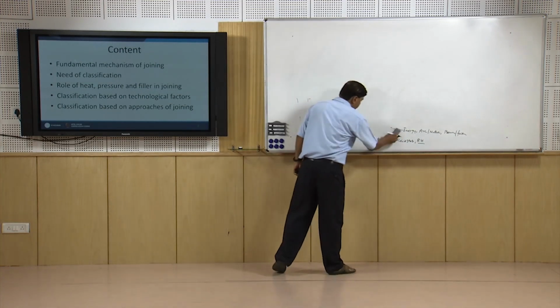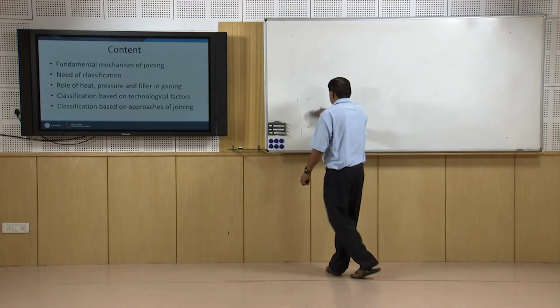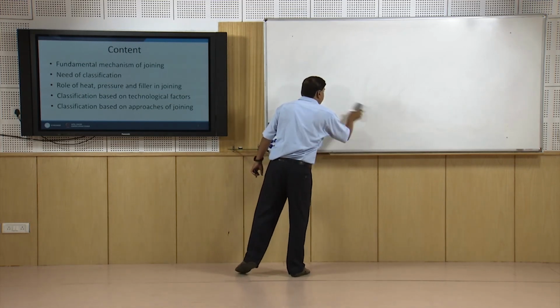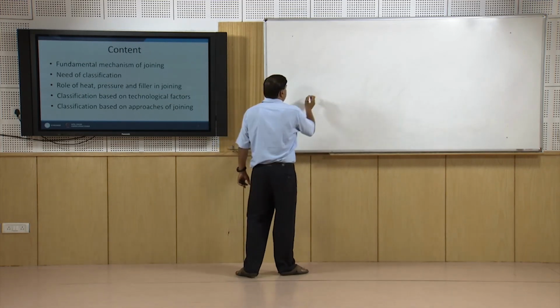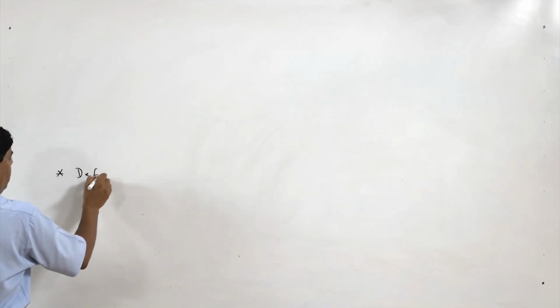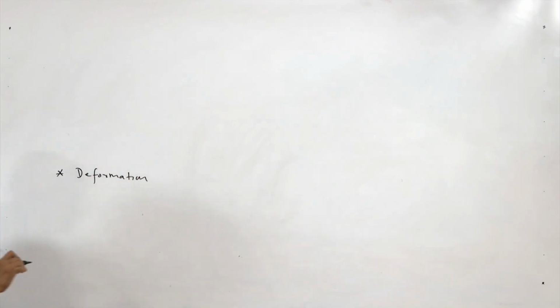So, we will see first the mechanisms which are used for developing joints. Basically, there are three mechanisms used for developing the joints. One is the deformation, where the interfacial or the bulk deformation is used.